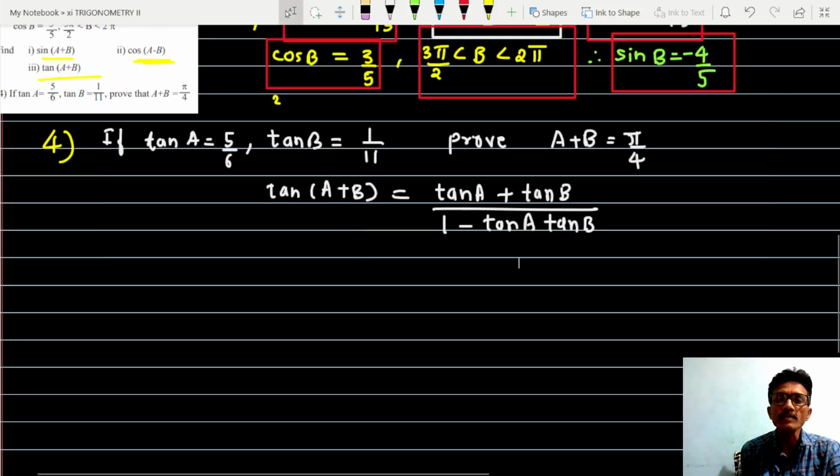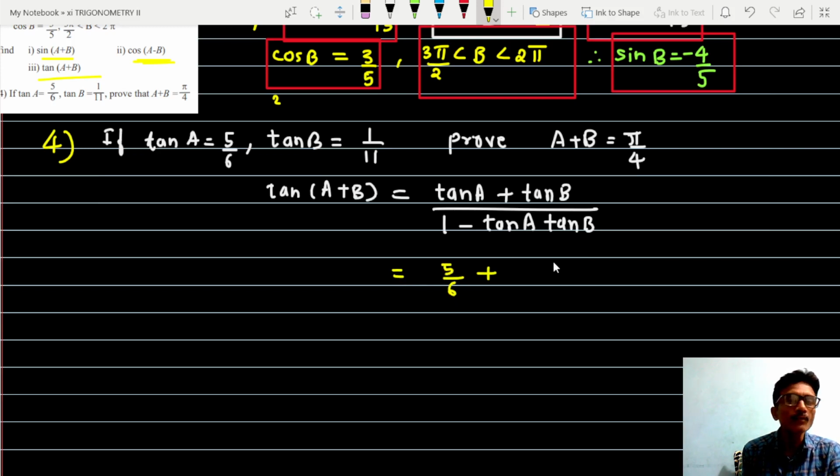Tan of A plus tan of B upon 1 minus tan A into tan B. Here tan of A is 5 upon 6 and tan of B is 1 upon 11, and in the denominator 1 minus 5 upon 6 into 1 upon 11.